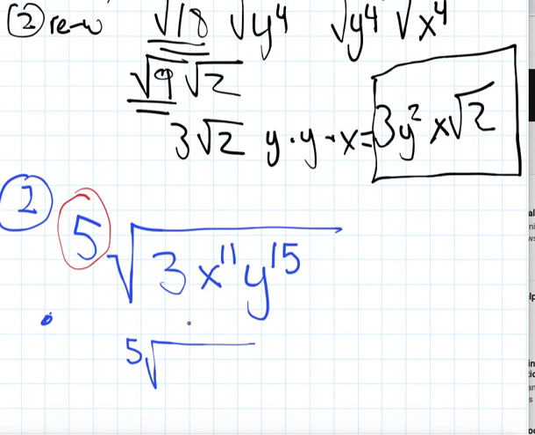Okay, yeah. So the 3. Actually, I separate everything. Now, I can write this as the following. And I have my 5.